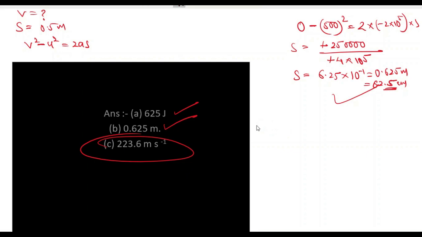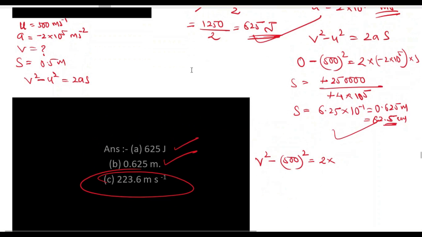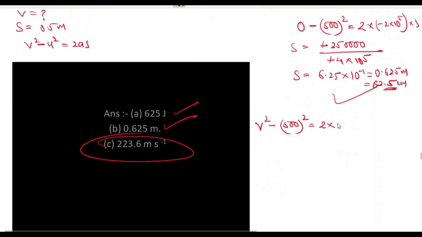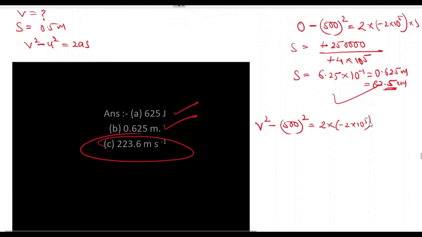So V square minus U square, 500 square, is equal to 2as. 2 multiplied by a, acceleration, which is minus 2 into 10 raised to 5, into s, 0.5.